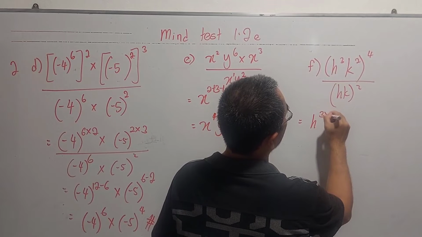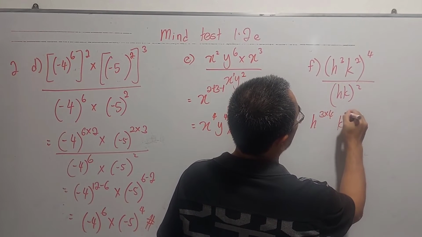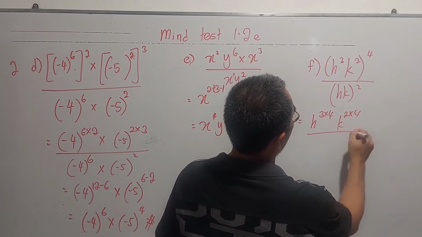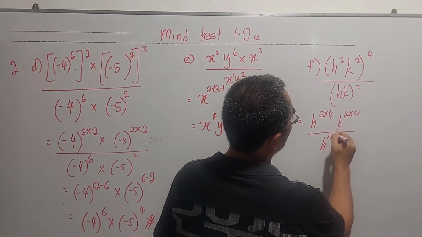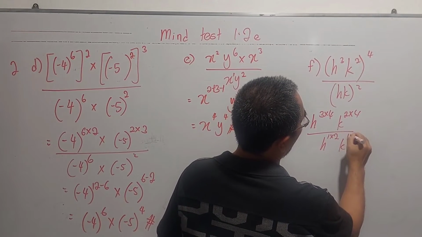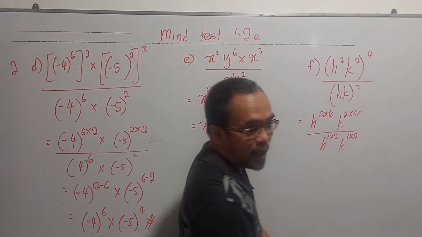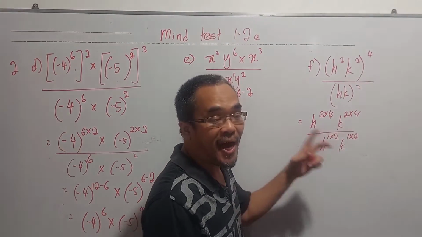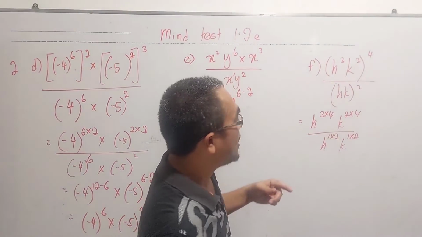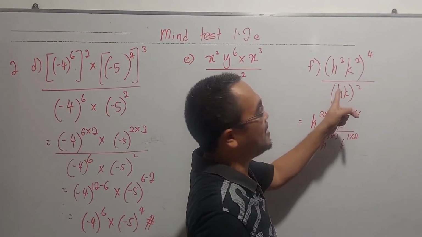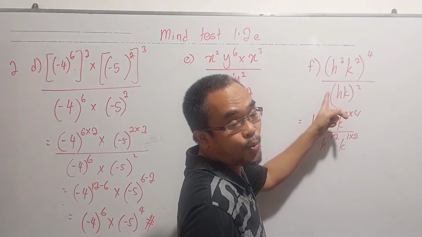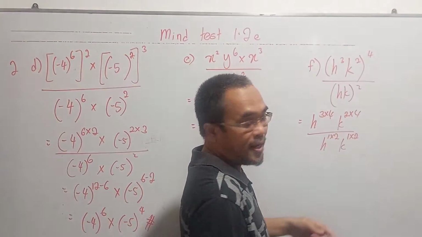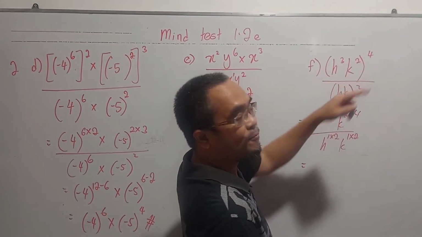H 3 times 4, K 2 times 4, H 1 times 2, K 1 times 2. Okay, but you do not have to follow me exactly in what I'm doing. Since you know that is 1, 1 times 2 is 2. Okay, you can simplify. 3 times 4 is 12.